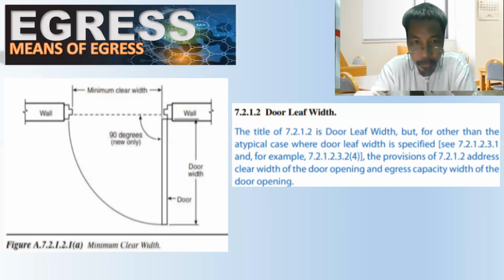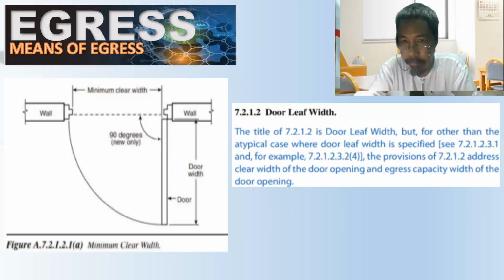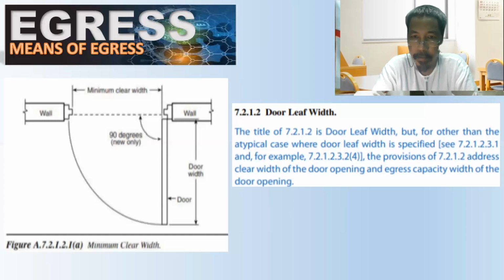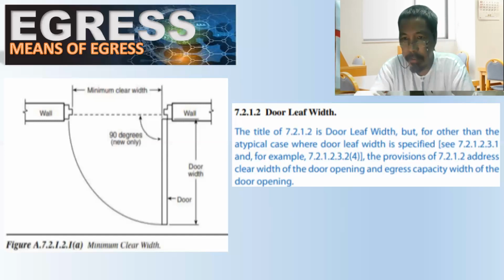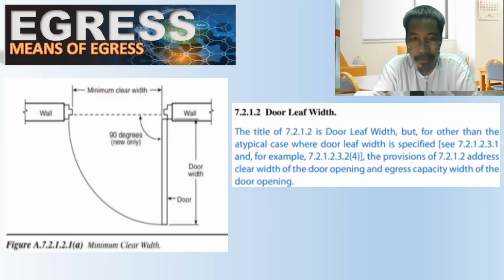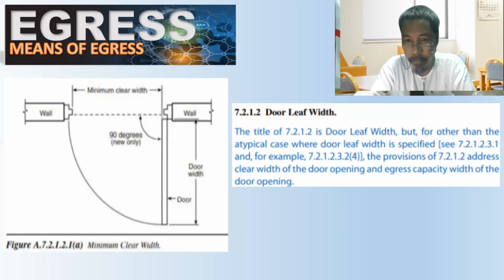So, door leaf width. But for other than a typical case where the door leaf width is specified, the provisions of 7.2.1.2 address clear width of the door opening and egress capacity width of the door opening.